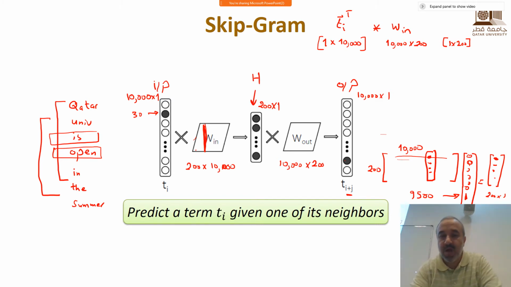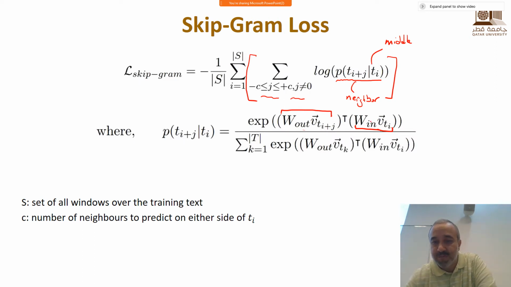Now if you think about this, this is the embedding for Ti and this is the embedding for Ti plus j. When we multiply, this is a vector, and we multiply by that vector. Does that remind you of something? When we multiply two vectors, what does that mean? If they are normalized, what does that mean? That's similarity, kind of cosine similarity.